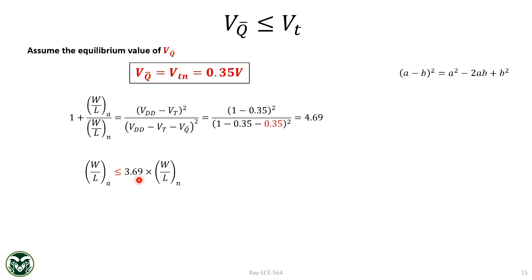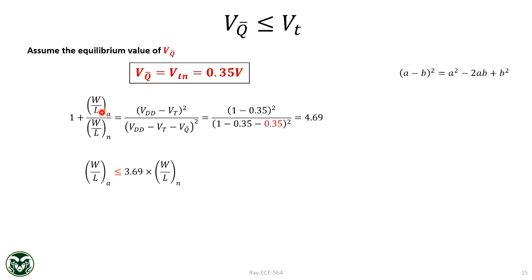The underlying assumption for deriving this equation is that the access transistor is operating in saturation, which is the stronger mode, and the pull-down NMOS is operating in the linear regime, which is the weaker mode. That's why you can allow the access transistor to be 3.9 times your NMOS.